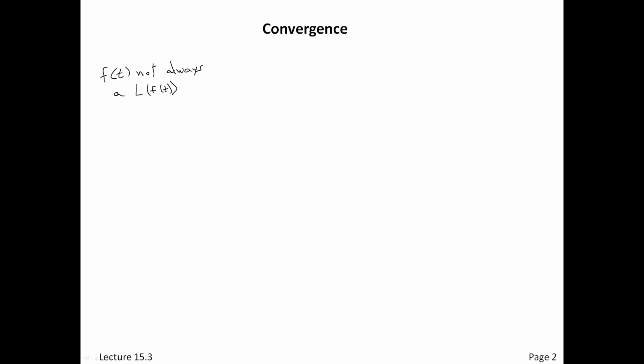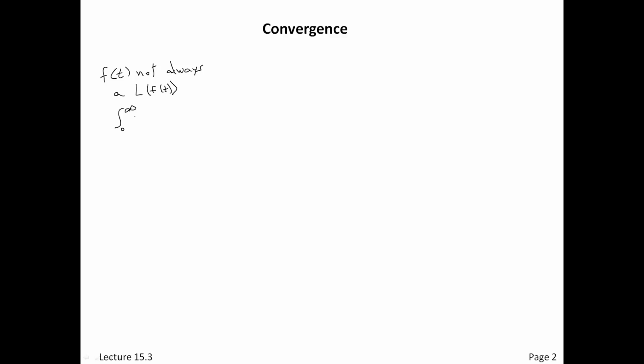And the thing that can determine this or make it not possible to have a transform is if it doesn't converge. You have to remember that the definition here included an integral from 0 to infinity.